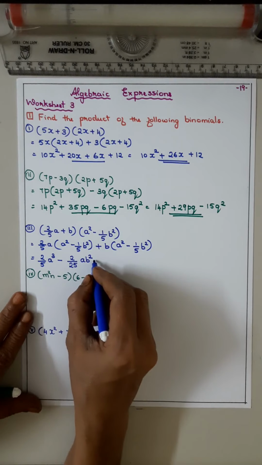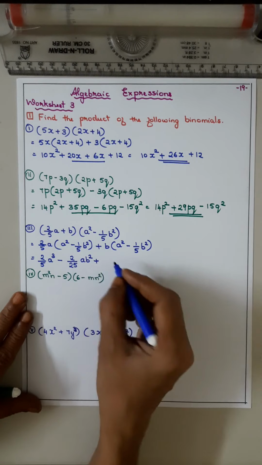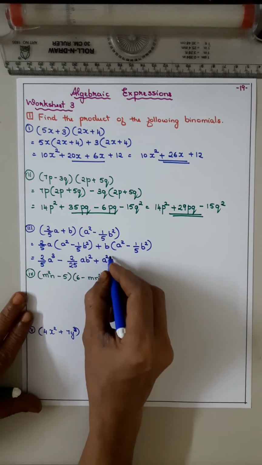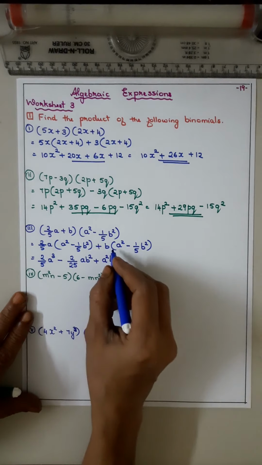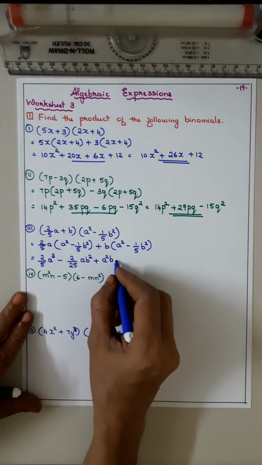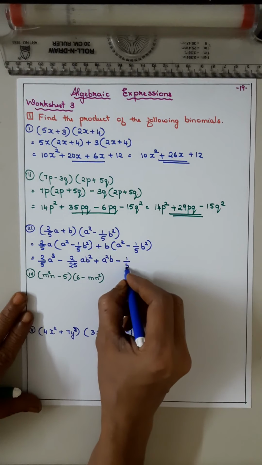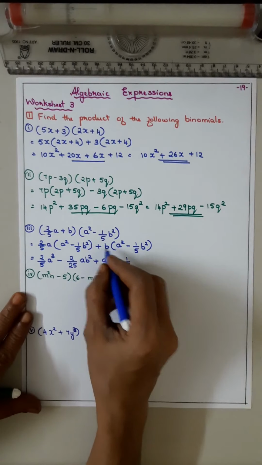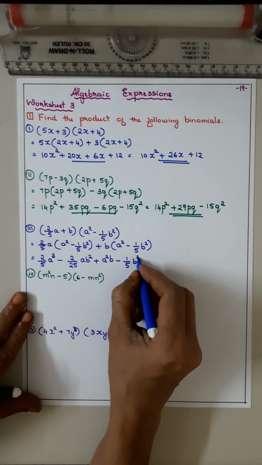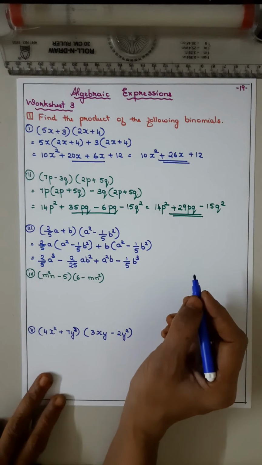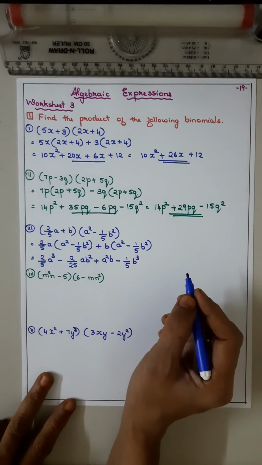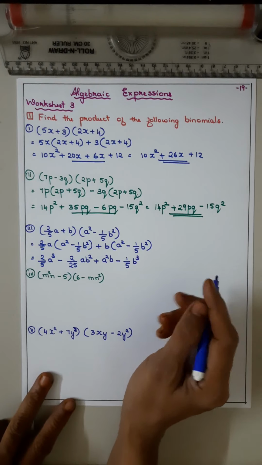Now plus plus plus, a squared b. Now here it becomes plus minus minus, 1 into 1 by 5, 1 by 5, b and b squared, that is b to the power 3. Now here there are no like terms, isn't it?